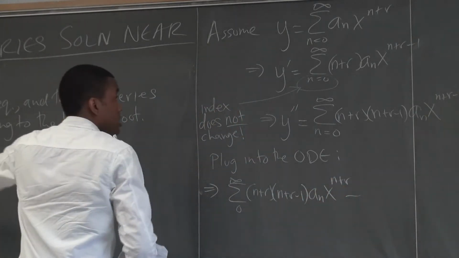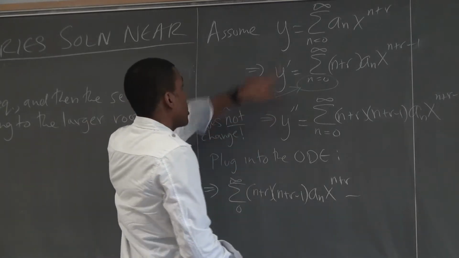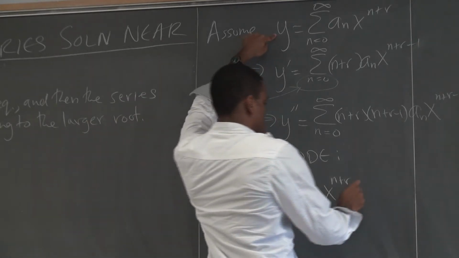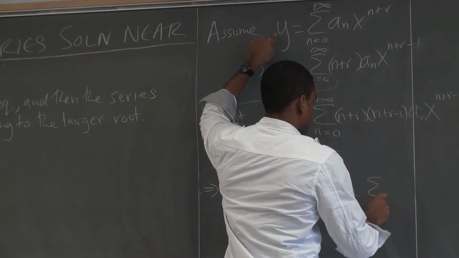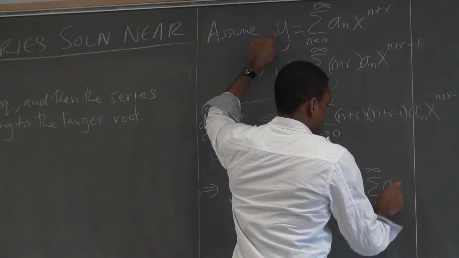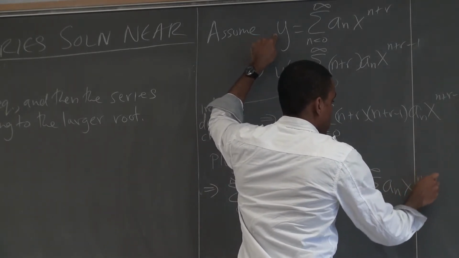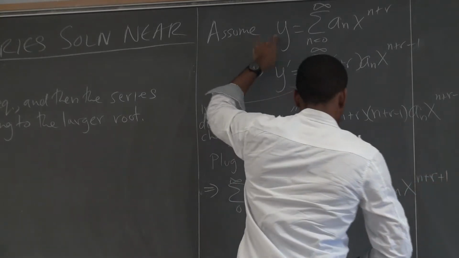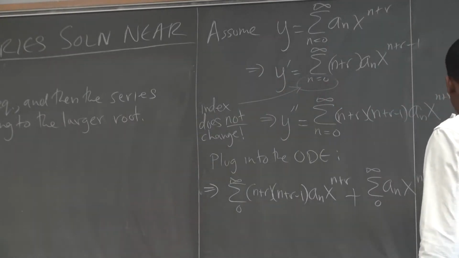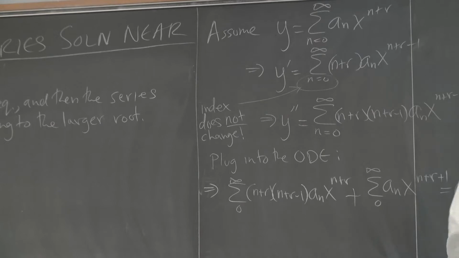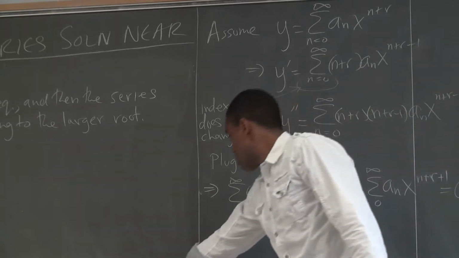Plus, I'm going to take x times this guy, the y. So this is going to be the sum from n equals 0 to infinity of a_n x to the n plus r plus 1. Okay, now what do we do?